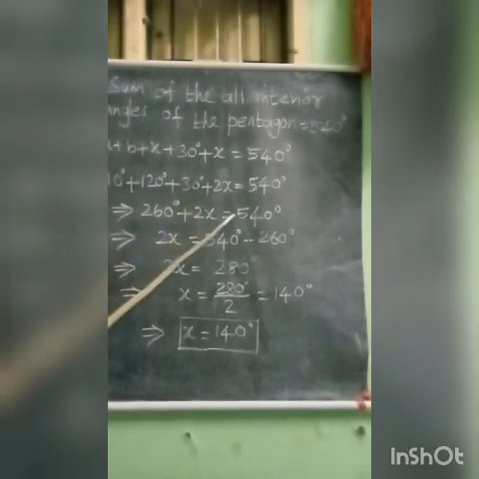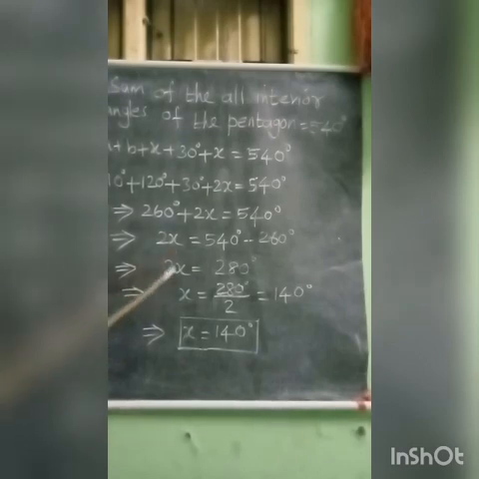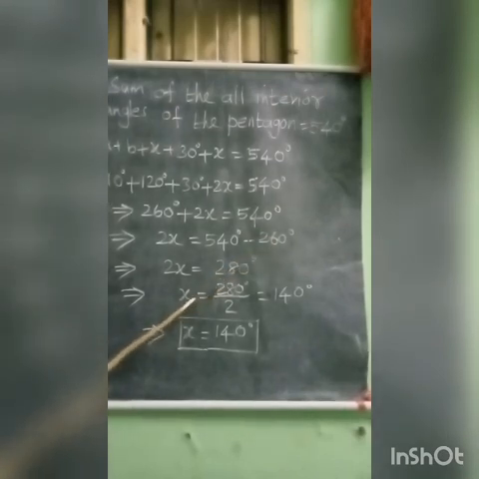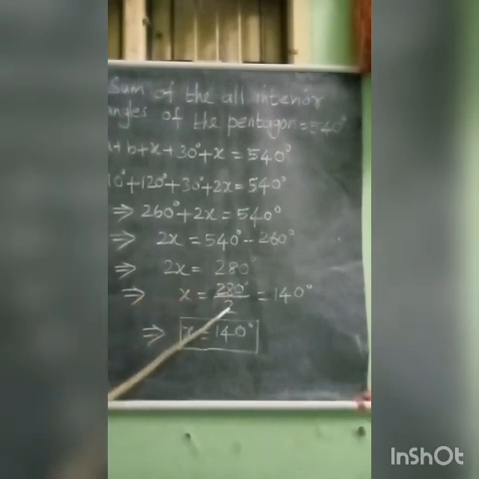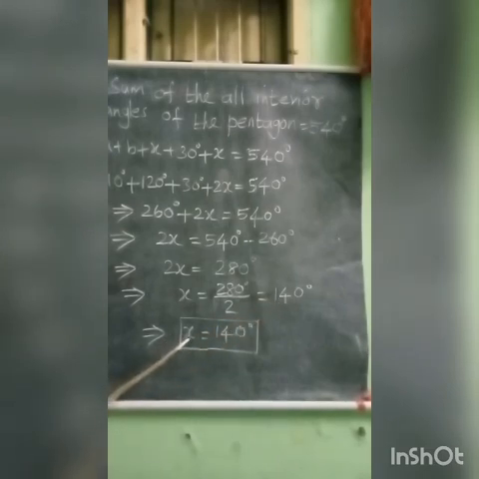So 2x equal to 540 minus 260 equal to 280. Then x equal to 280 divided by 2. Transposing this 2 to the right hand side, 280 by 2 is 140. Now our answer, the unknown measure x, is 140 degree.